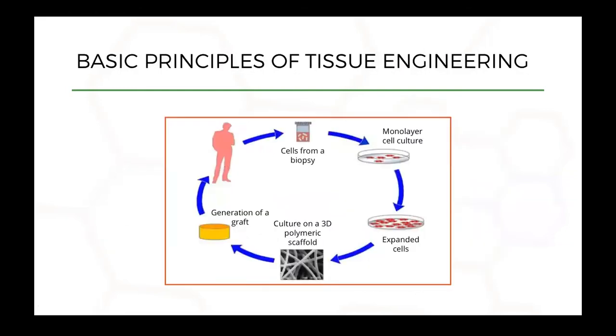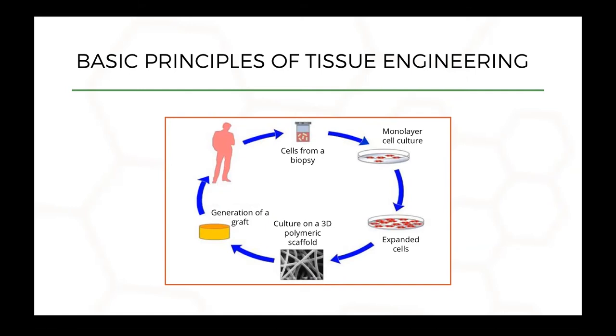So just really quickly, one of the main applications of bioprinting is obviously tissue engineering. And here's a basic concept of tissue engineering. The idea is that you want to take samples or cells from a patient and culture that in vitro.